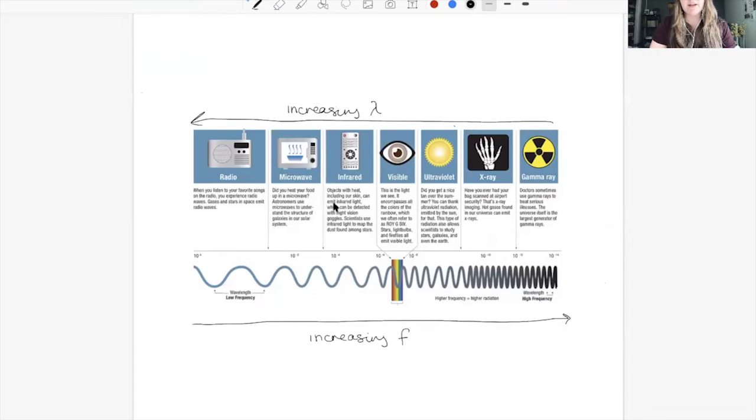So we are looking at radio waves, and it has a very low frequency, but it has a very long wavelength. And you'll see as it gets to the other side, there is more frequency, but less distance between the peaks. We're going to do a new share, and we will go back to the presentation.